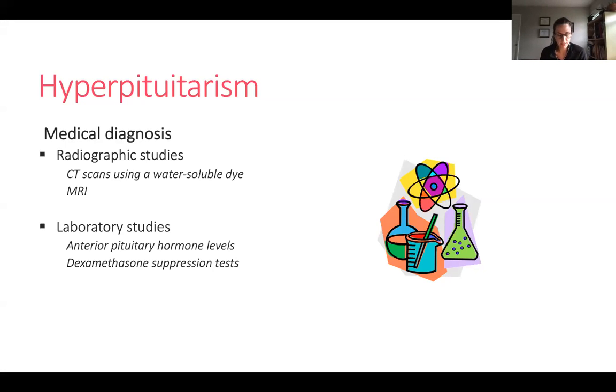So what it does is it measures cortisol, which increases with adrenal hyperplasia or Cushing syndrome, which we'll talk about in a few slides. And then the MRI can help detect any lesions or tumors also.